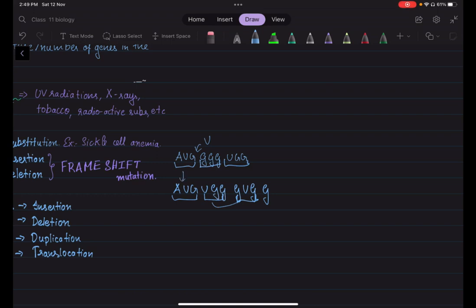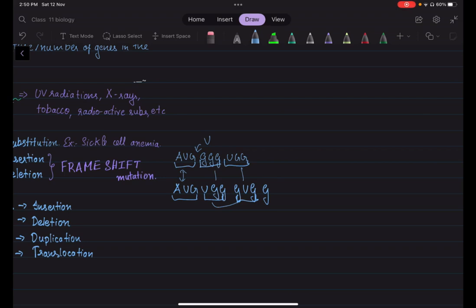Here it is the same, but here and here it is different. So the entire genetic code will be different, and the protein formed altogether will be different because of the different amino acids being produced.